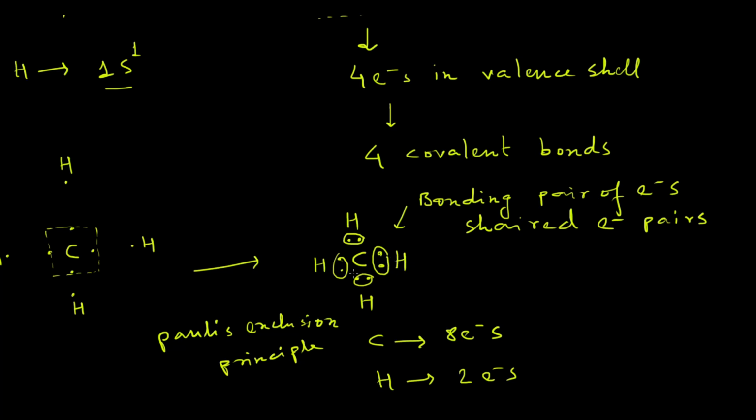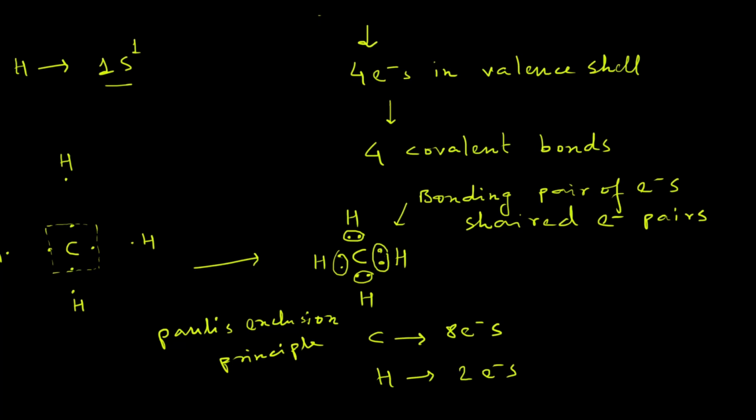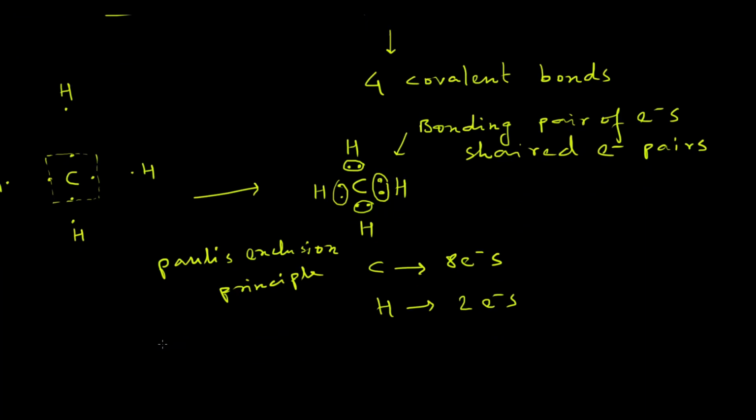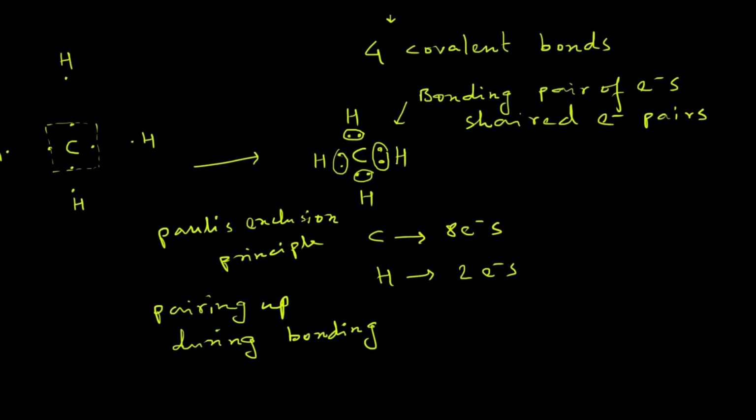So the principal quantum number, azimuthal quantum number, and magnetic quantum number for these two electrons will be the same, but the spin quantum number will be different, and that's why they pair up during the bond formation. So this is the basic idea of covalent bond formation according to G.N. Lewis.